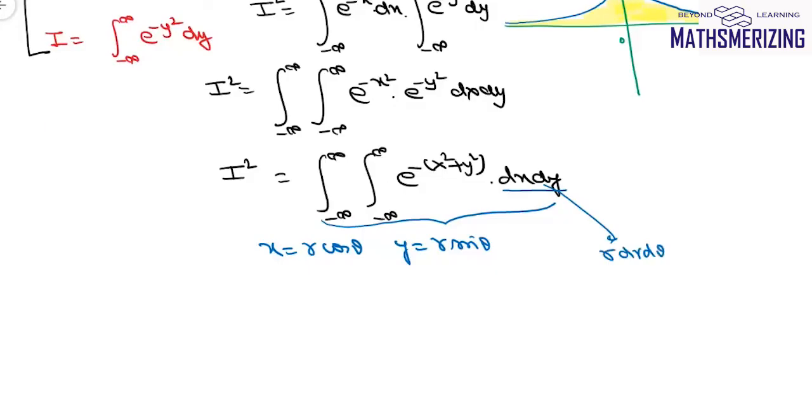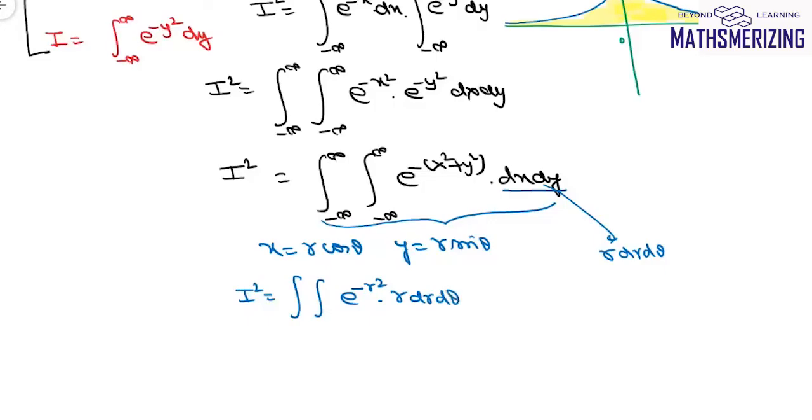The factor of r is the Jacobian determinant, which appears because of the transformation to polar coordinates. So I can write I squared as the double integral of e to the power minus r squared, since x squared plus y squared is simply r squared, and in place of dx dy, I write r dr d theta.